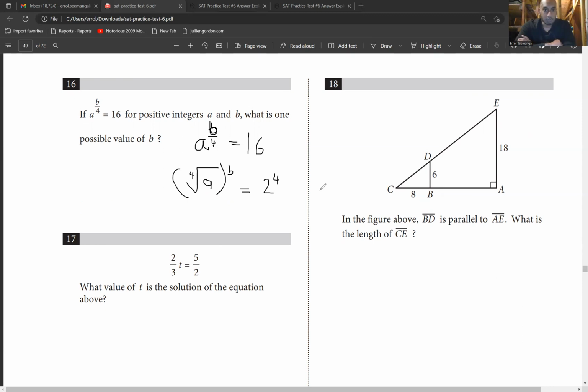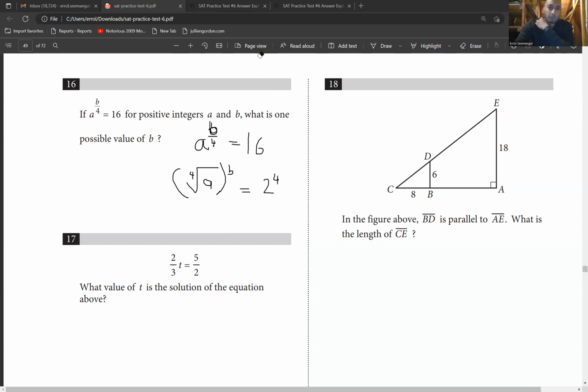If 2 is A, then B has to be 16 over 4. So it'd be 2 to the 4. Like if A to the B over 4 power equals 16, then that means A is equal to 2, and then B over 4 is equal to 4. How do you get A equals 2 here?